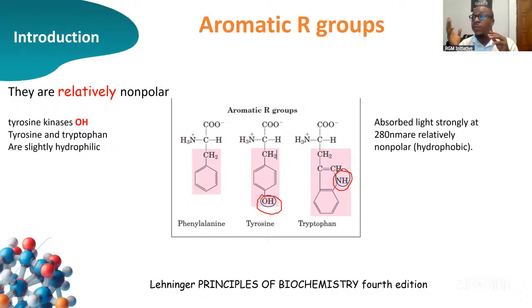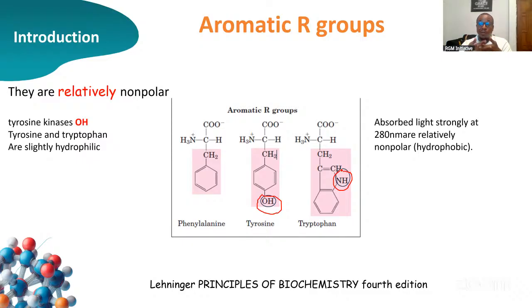Now, they absorb light strongly at 280 nanometers. This is one of the reasons why we use this particular wavelength in the quantification of proteins. If we want to know if protein is present in a solution, we set the absorbance at 280 nanometers.